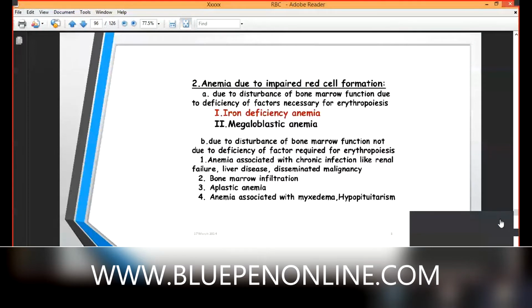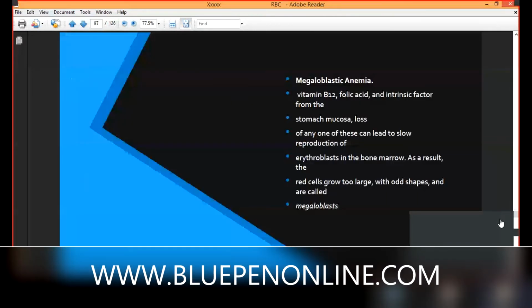Or cancer in the bone marrow, or exposure to X-rays or gamma rays, which affect the bone marrow so it cannot produce RBCs. So this is the classification based on the etiology, meaning classification based on the cause.